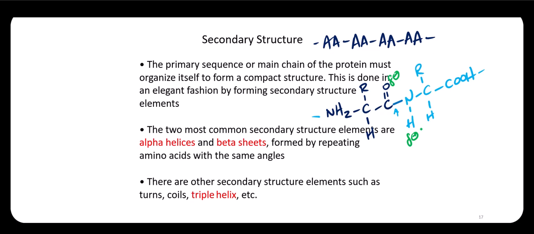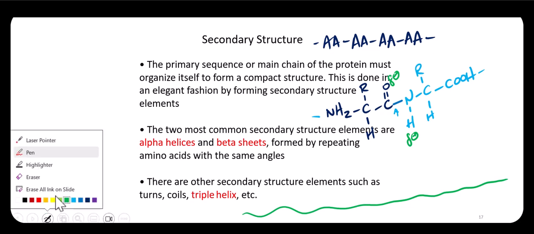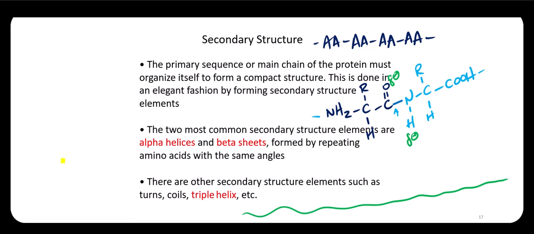So what I end up with is this chain of amino acids. It's a big long chain, but because of the partial negative charge on the oxygen and the partial positive charge on the amino hydrogen, this chain ends up having all these little charges on it.